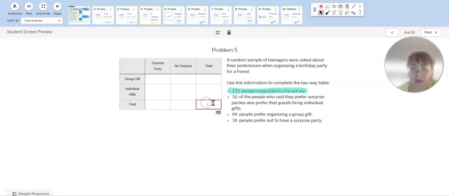So that is going to go in our big total here of total people that responded to the survey. 50 of the people who said they prefer surprise also prefer individual gifts. So surprise, individual gifts, 50.